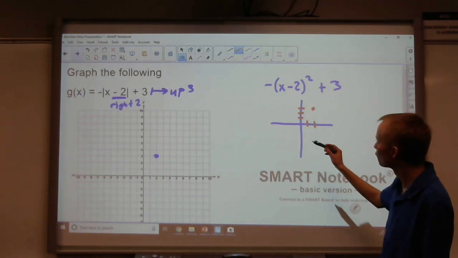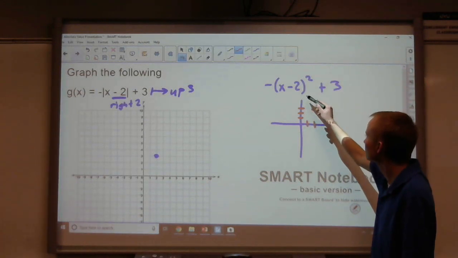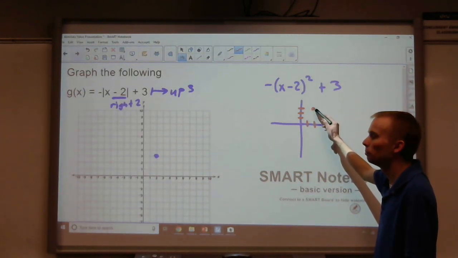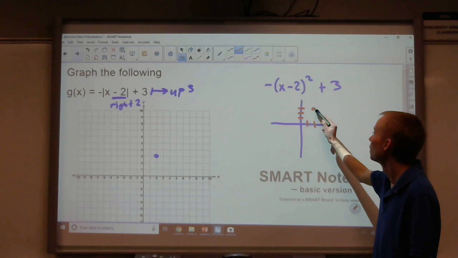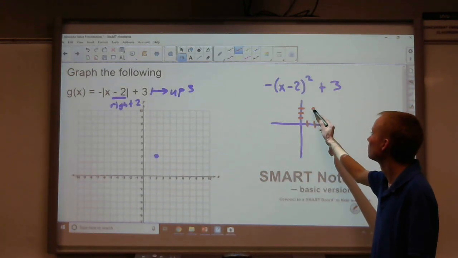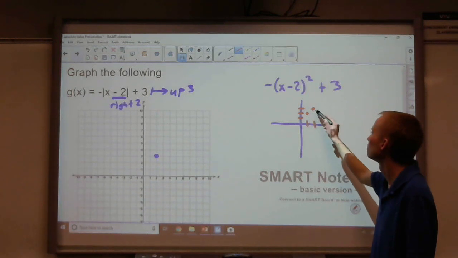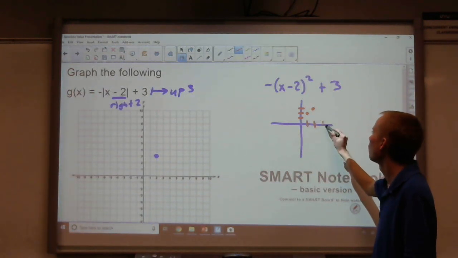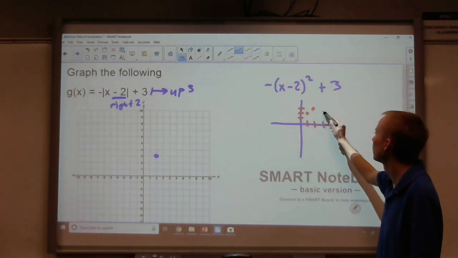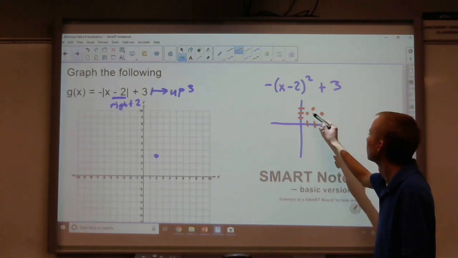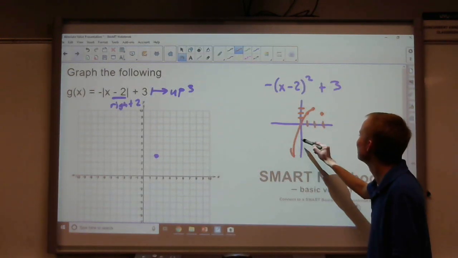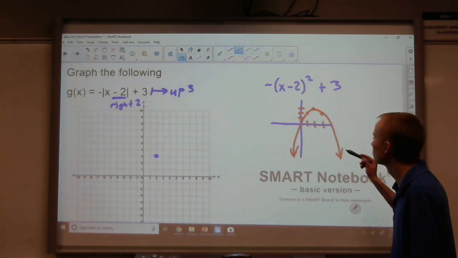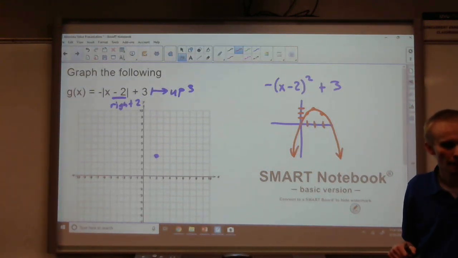But instead of opening upwards, right, it actually opened down, right? When I went 1 away from the vertex, I went down 1 instead of up 1, right? When I went 1 away from the vertex this other way, I went down 1. And so we got a downwards facing parabola, okay?